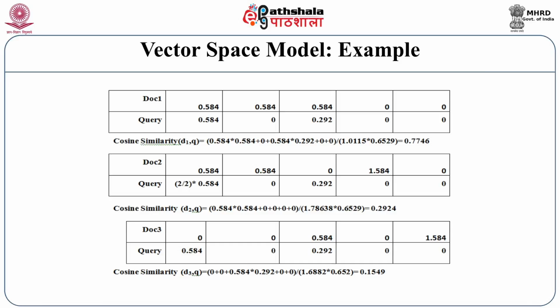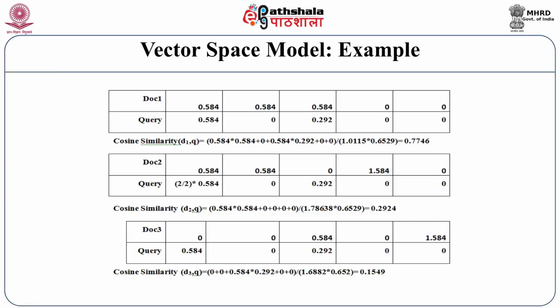So for the cosine similarity value, we just multiply them, that is 0.584 into 0.584 plus 0 plus 0.584 into 0.292, divided by the length of document D1 and the query, and it gives the result as 0.7746. It is the cosine similarity value or the cos theta value.